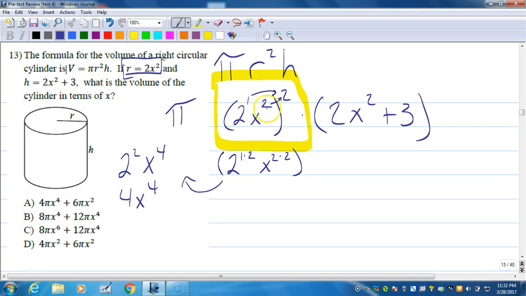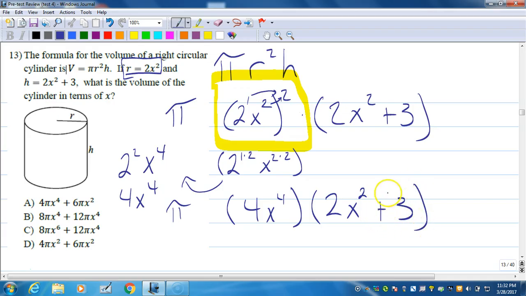So this yellow box went to this box, went to this, went to this. Again, I'm going to leave pi on the outside. This is really 4x to the 4th multiplied by 2x squared plus 3.